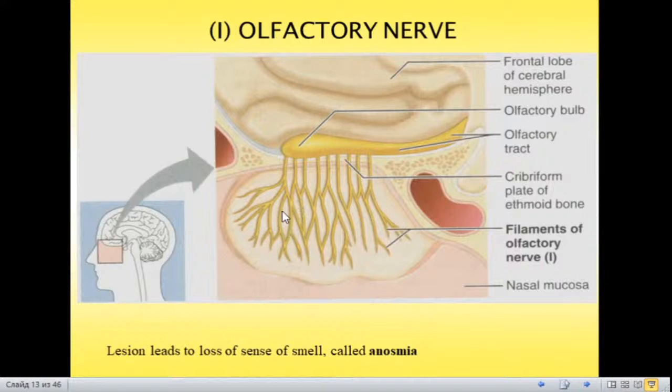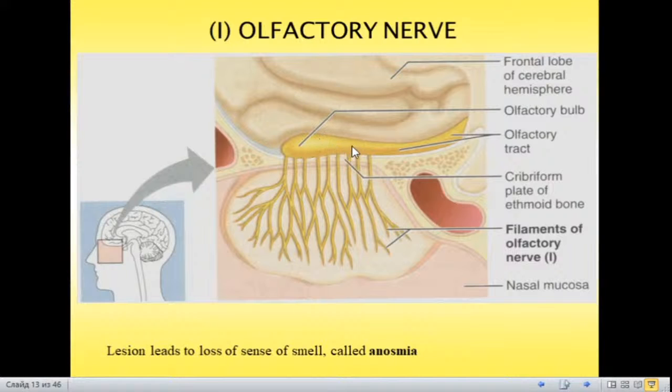Here, sensory neurons have peripheral processes forming receptors, central processes form many fila olfactoria, together known as olfactory nerves. And these nerves penetrate cribriform plate of ethmoid bone and enter olfactory bulb, where the synapse and second neuron of olfactory conducting tract are located.